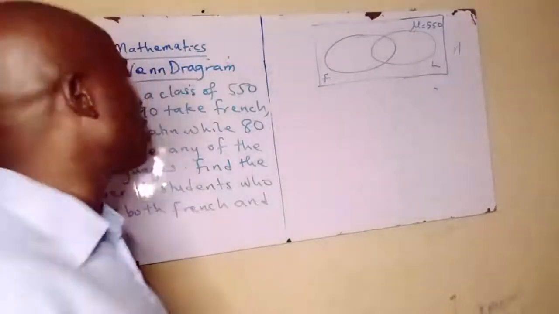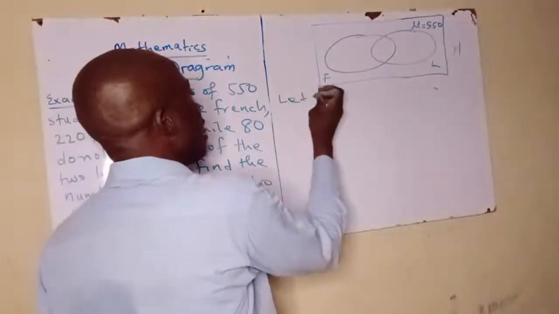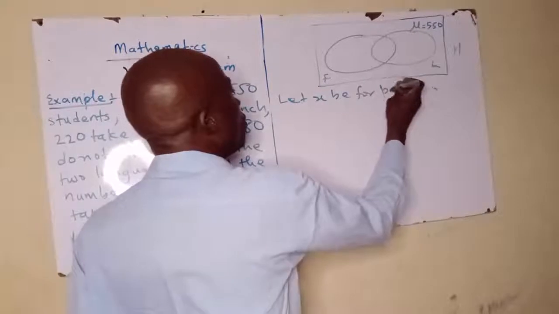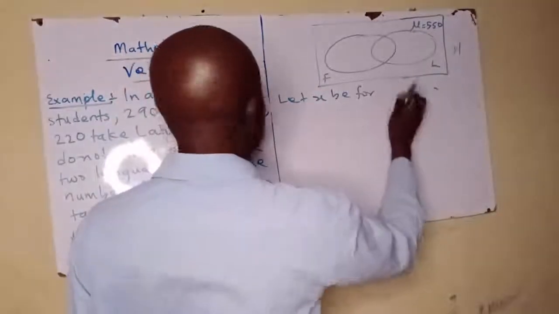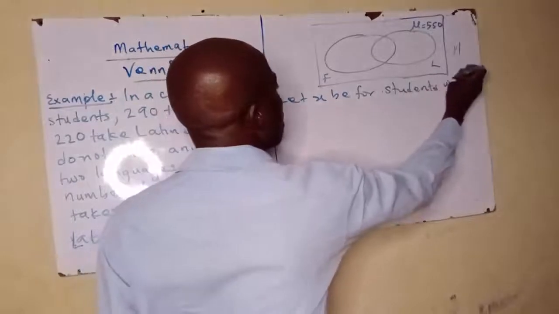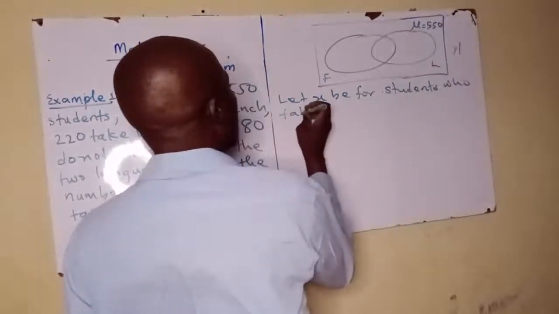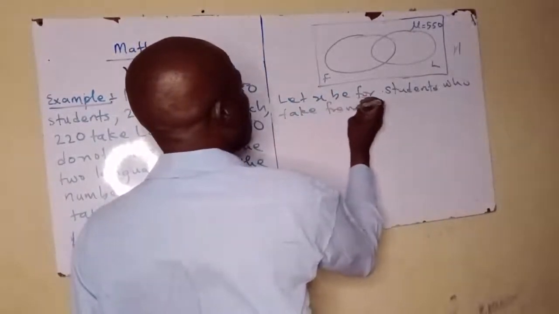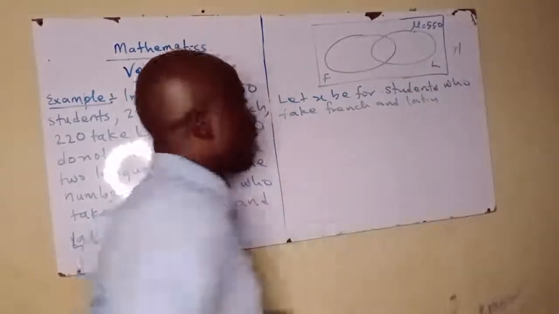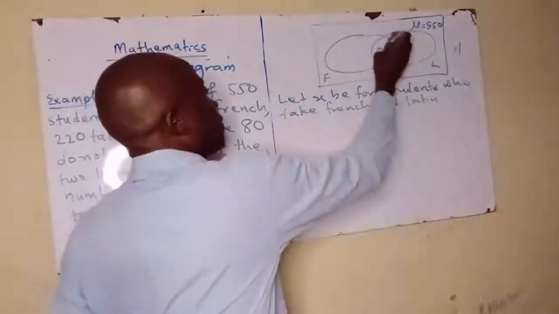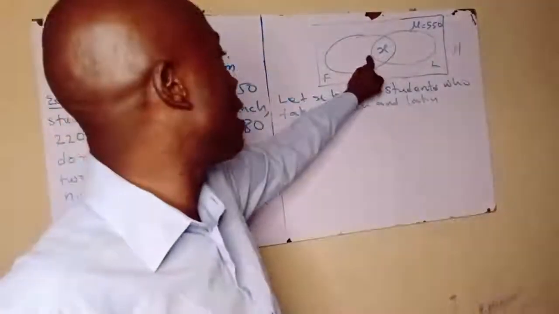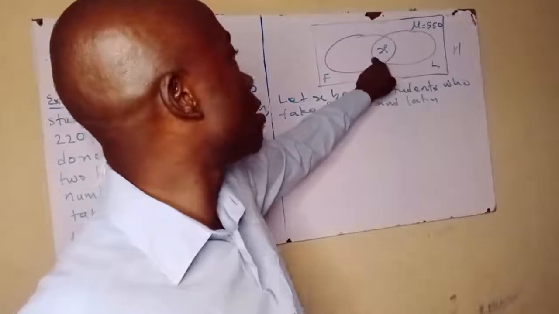We need to first say that let X be the students who take French and Latin. So I'm going to put that X right here, because that X represents those taking both French and Latin. That's why you have it in common.